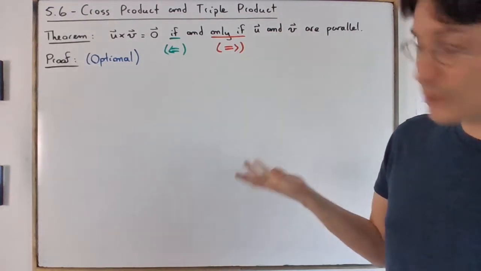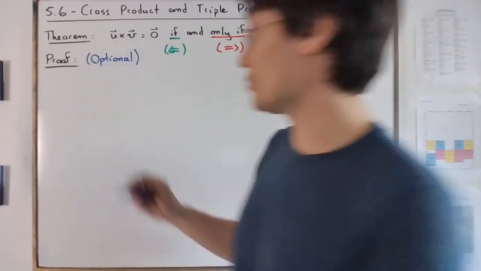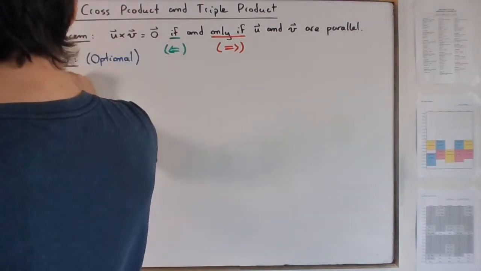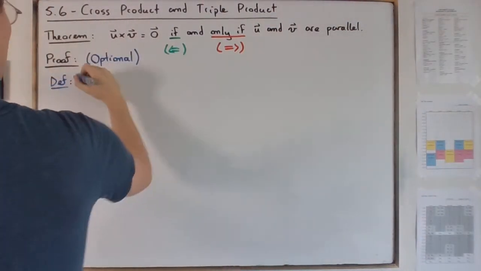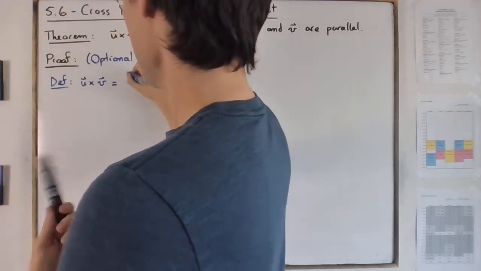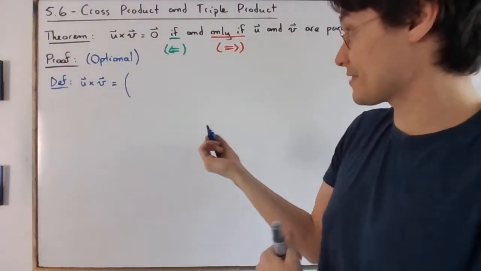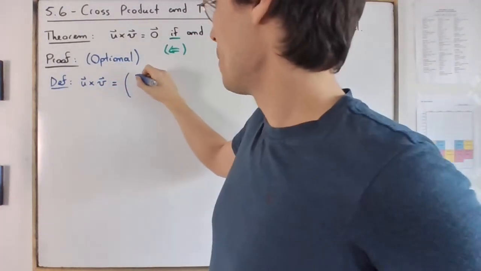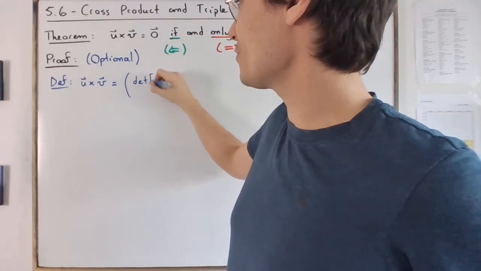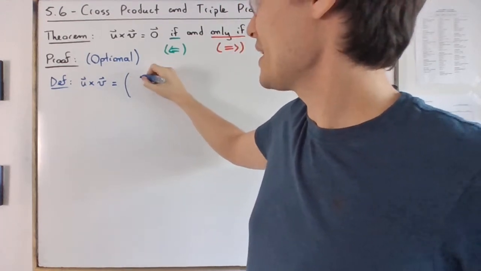So let's rewrite the definition. I'm going to write that in blue anyway. Remember that u cross v is the vector. u and v must be in R3 themselves; they must have three components. The definition will be to take the determinants, and let's write them in this notation.